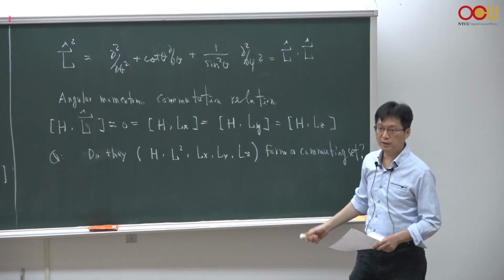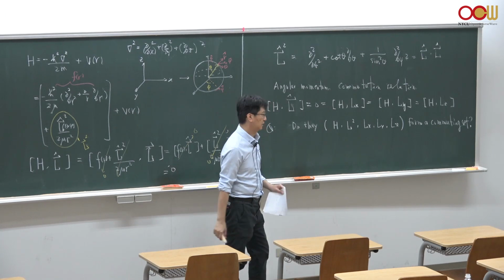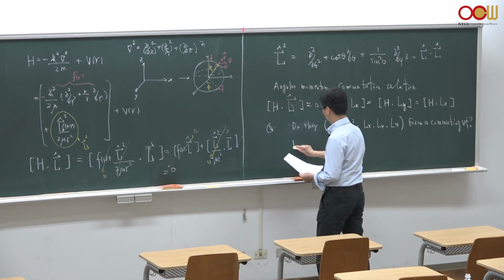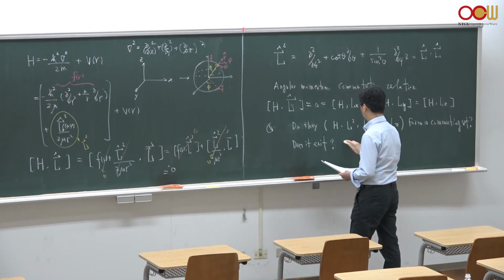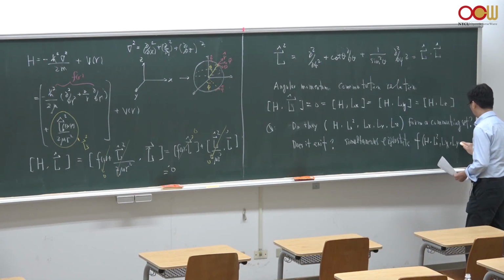Meaning, can we find a simultaneous eigenstate of all these 5 different operators? Okay, does that exist? The simultaneous eigenstate of all these 5 operators.